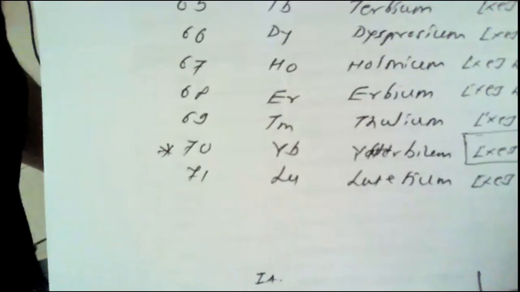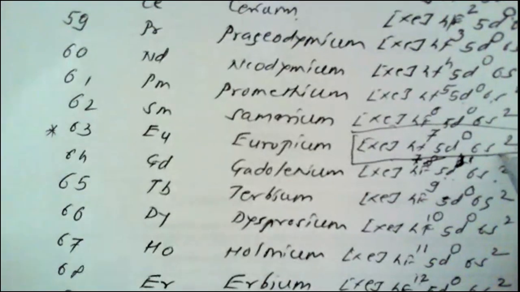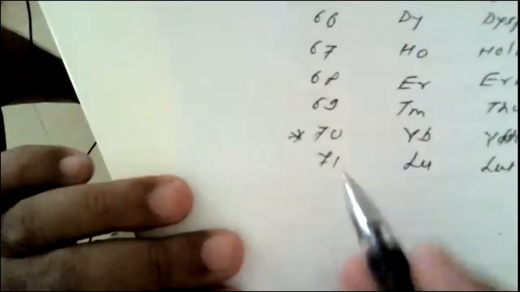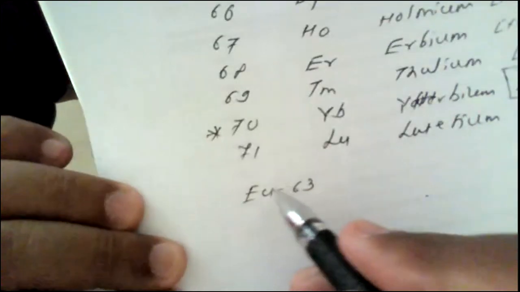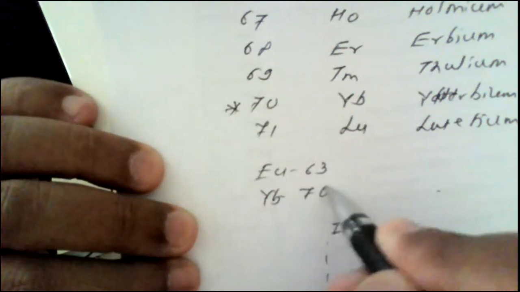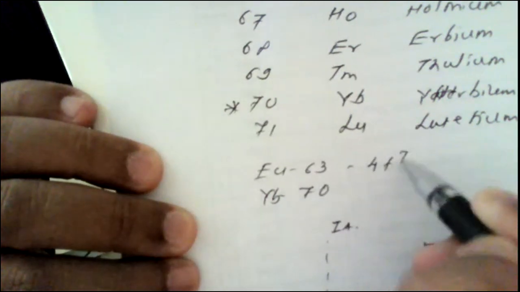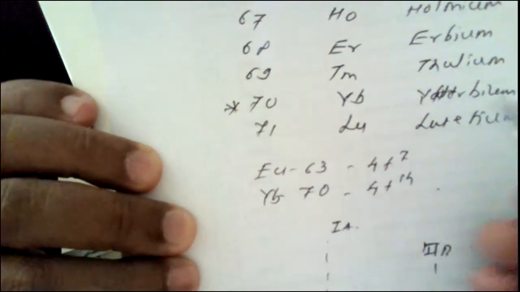Now if we look at these two anomalies of electronic configuration, it is seen that at europium, atomic number 63, and at ytterbium, atomic number 70, the 4f orbitals are half filled or completely filled.